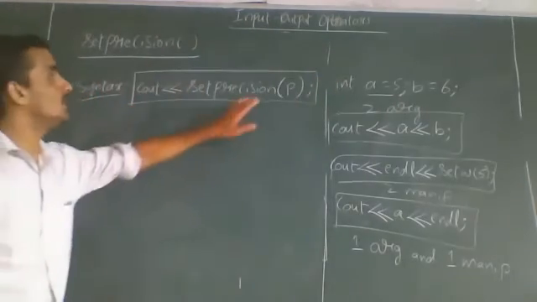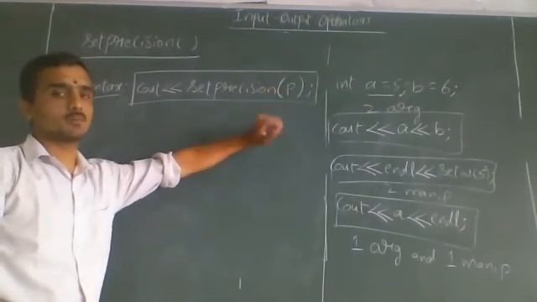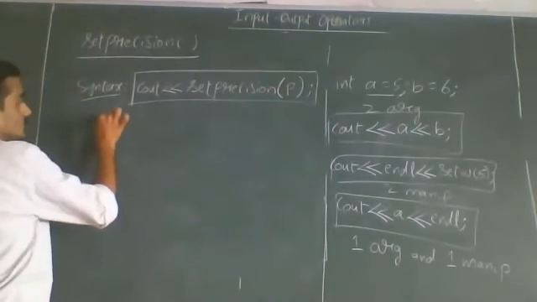Here also P indicates the number of digits after the decimal point. So we will see an example.